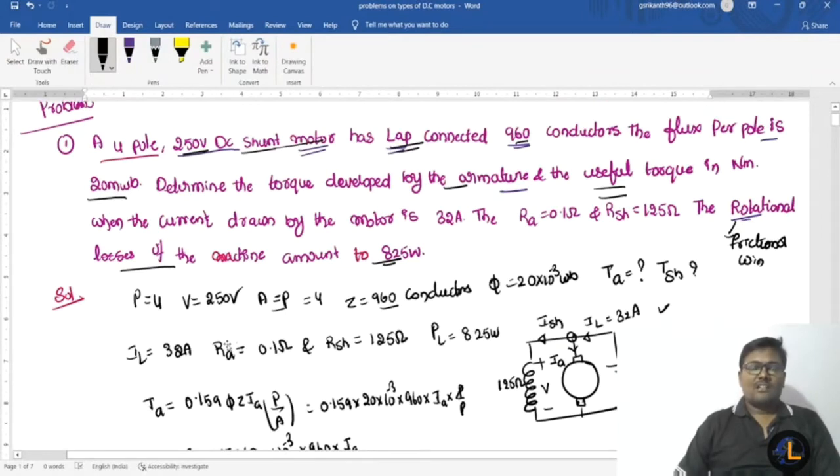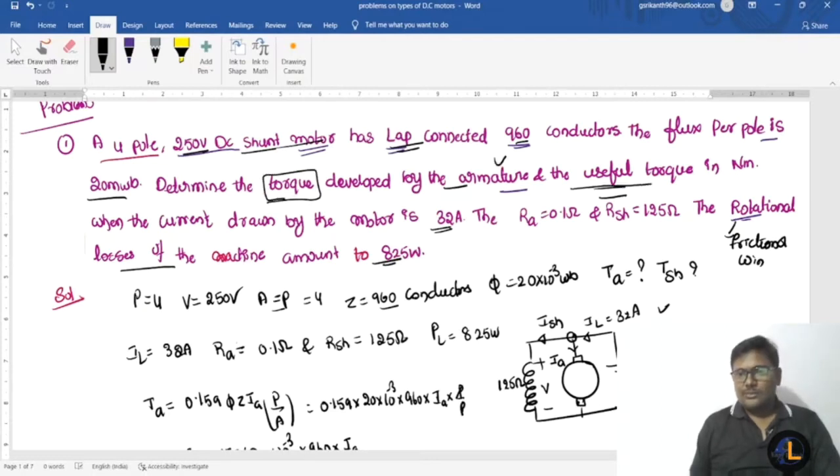So check this question. The rotational losses of a machine amount to 825 watts, and when the current drawn by the motor is 32 amperes, determine the torque developed by the armature and the useful torque. It is very simple.